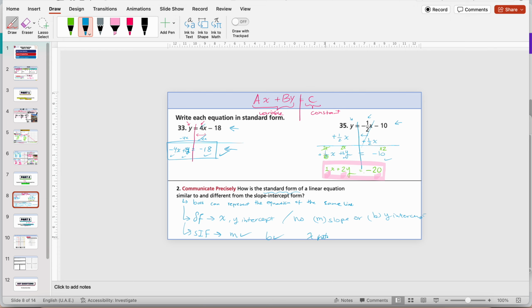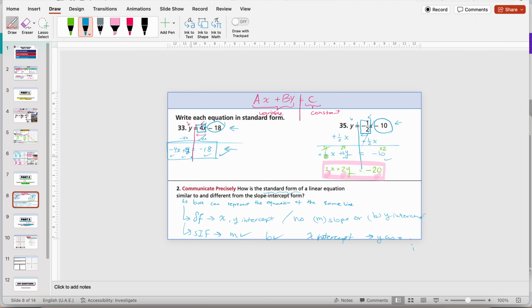In order to find it, you need to set y as 0 and solve the equation, which is going to take more steps. But the y-intercept is very clear, as you can see. The m is very clear, as you can see.